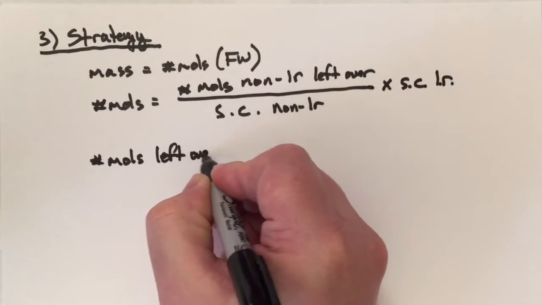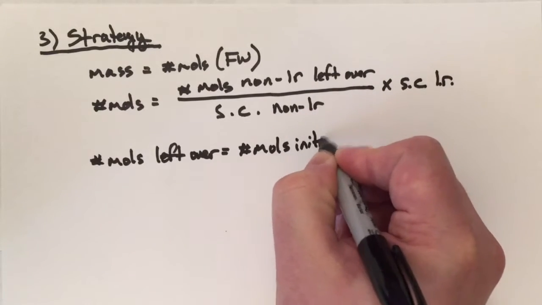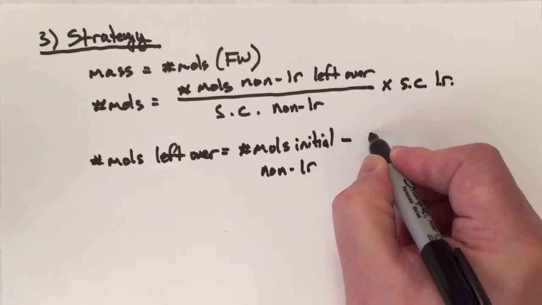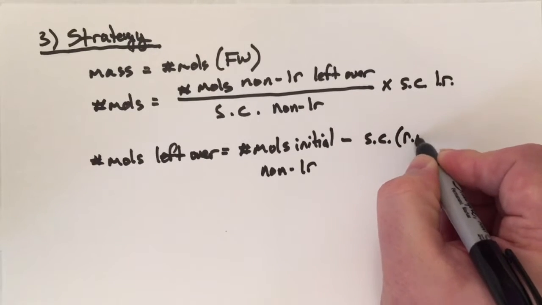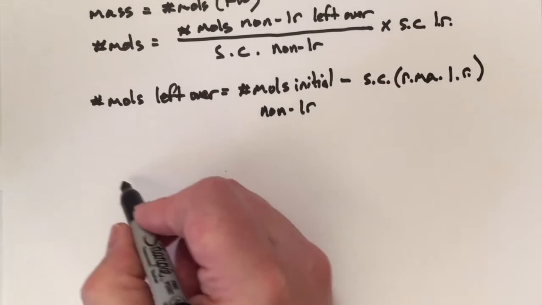The number of moles that we have left over of our non-limiting reagent is the number of moles we initially had minus the stoichiometric coefficient of the reduced molar amount of the limiting reagent.